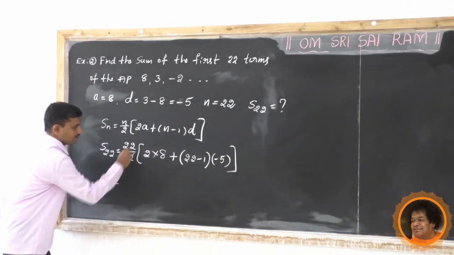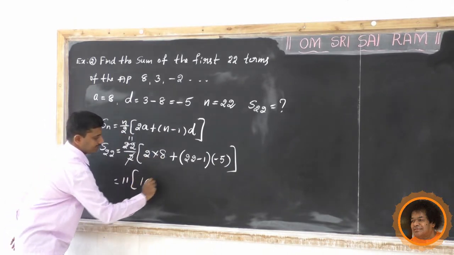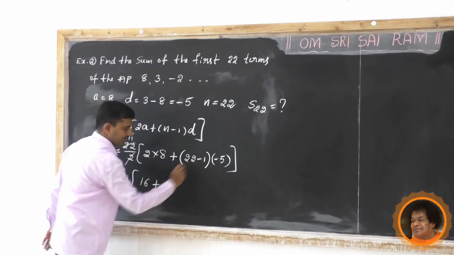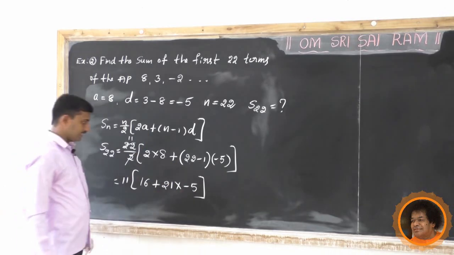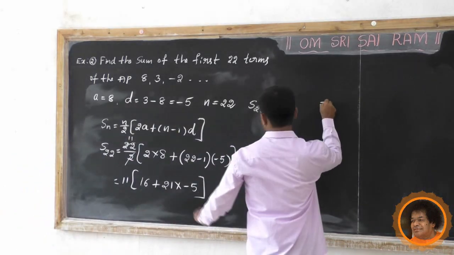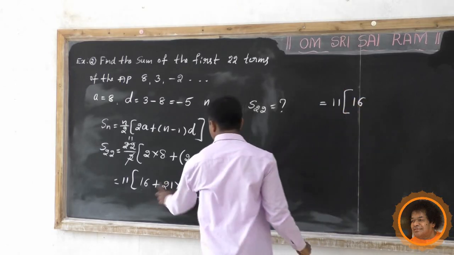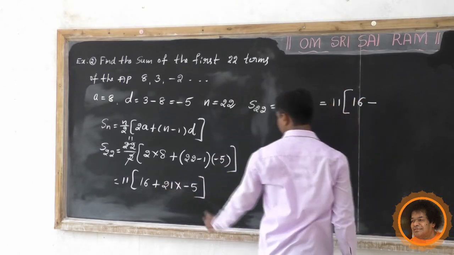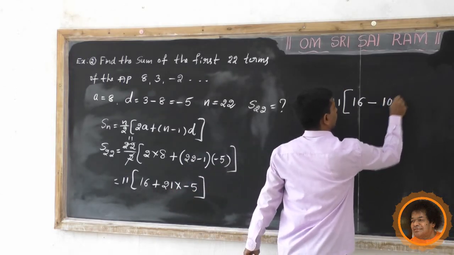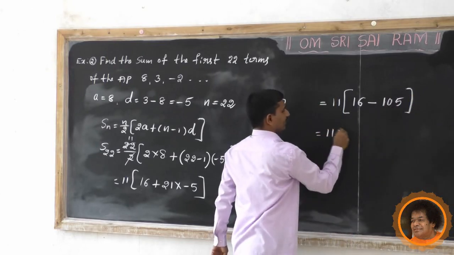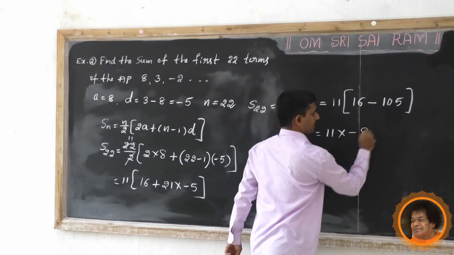Simplify. 2 ones are 2, 2 elevens are 22, so 11 into 2 into 8, that is 16, plus 21 into minus 5. Clear? Which is equal to 11 into 16 minus 21 fives, that is 105, which is equal to 11 into minus 89, that is 16 minus 105.